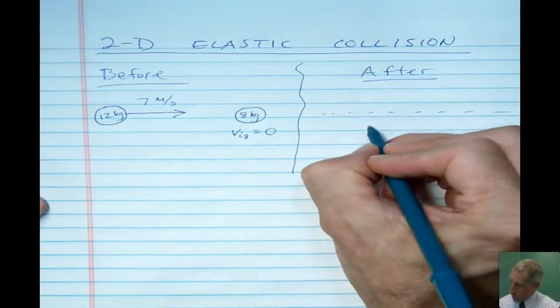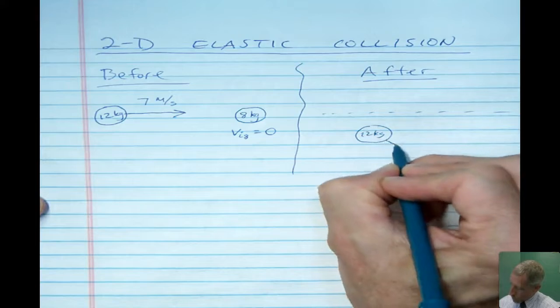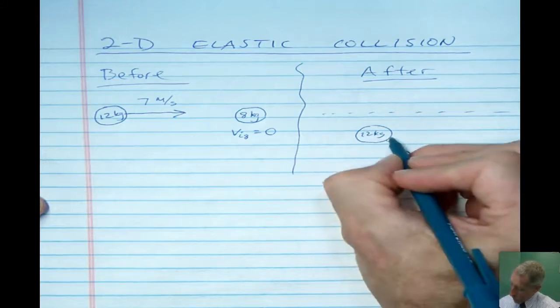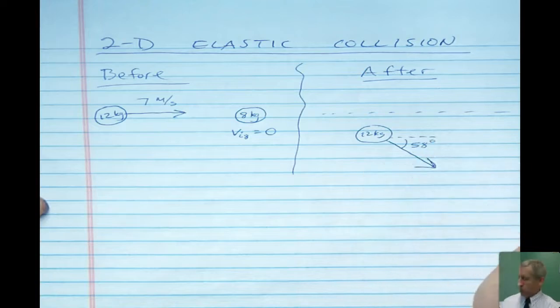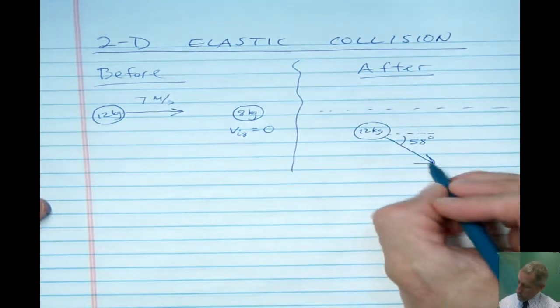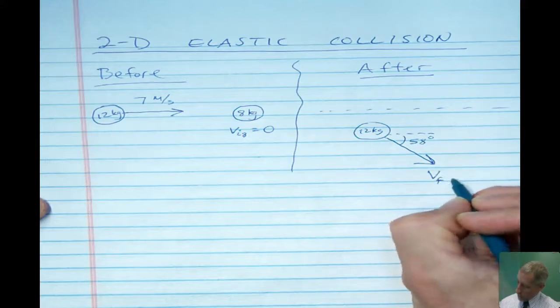So now we'll have the 12-kilogram object 58 degrees below that. Didn't quite draw that at enough of an angle, but it's close enough. So that vector there will represent its final velocity. So we'll call that VF12.